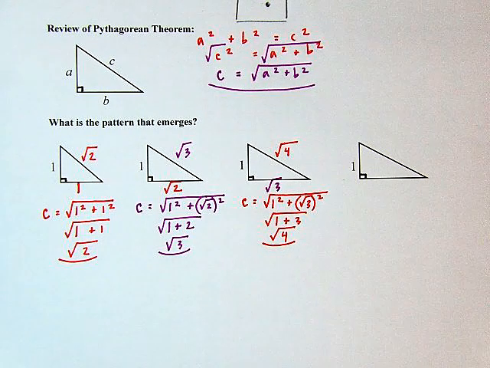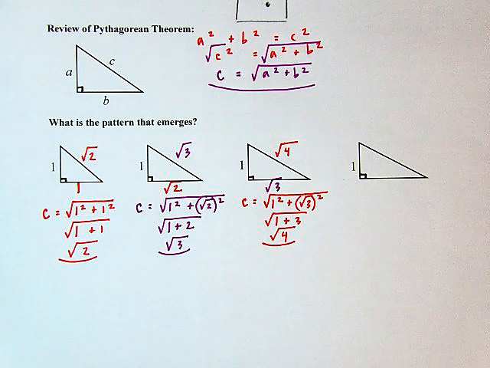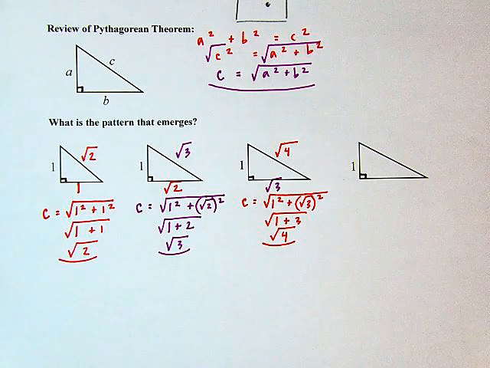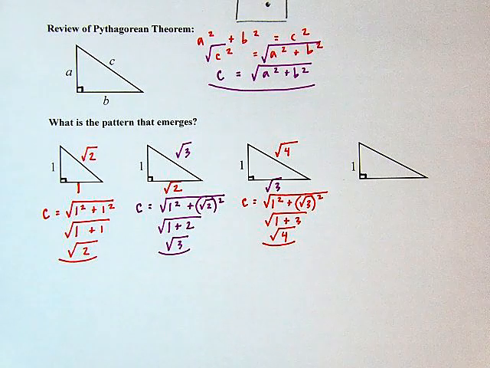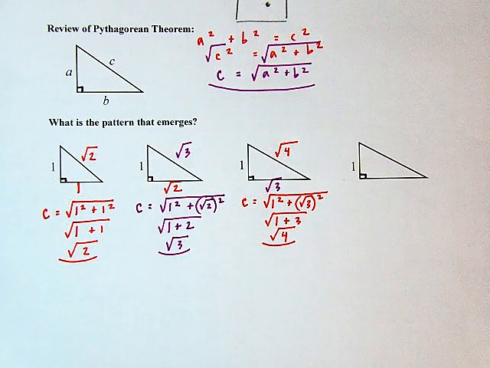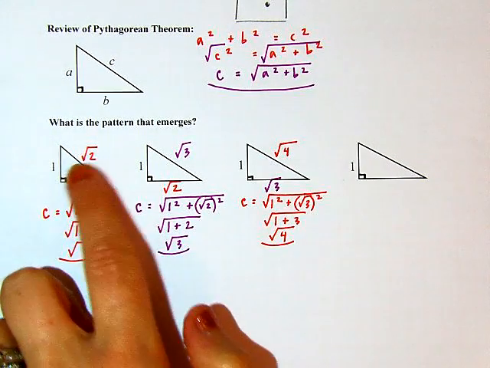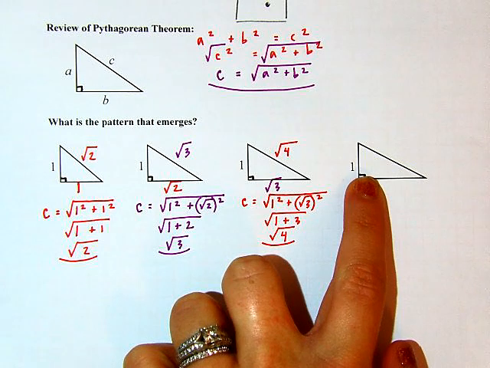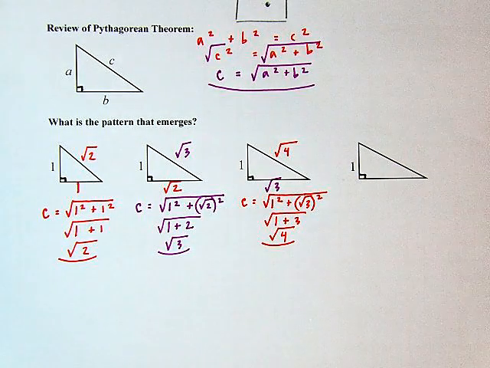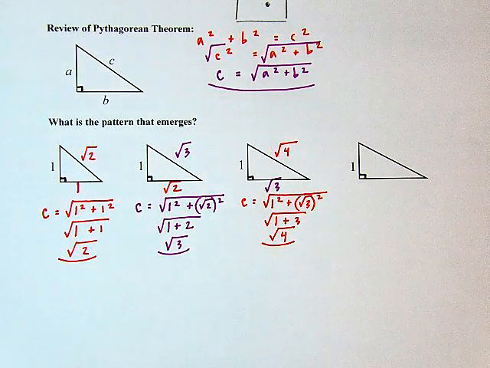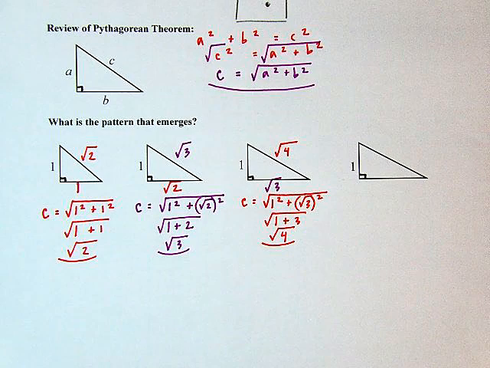So now I think we see the pattern of what is happening, right? As we progress, our hypotenuses, the number underneath the radical, is increasing by 1 each time, because we're keeping a leg constant at 1, and we're using the hypotenuse of the previous triangle to be the leg of the new one.